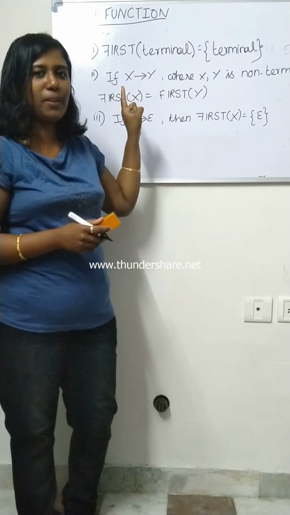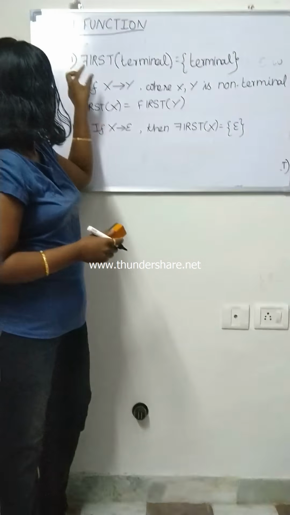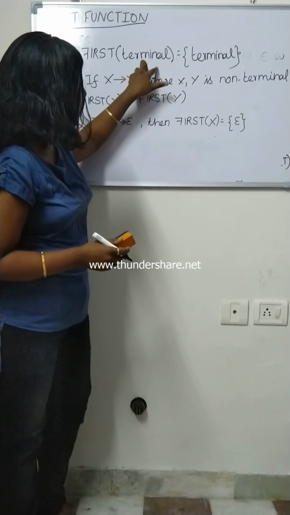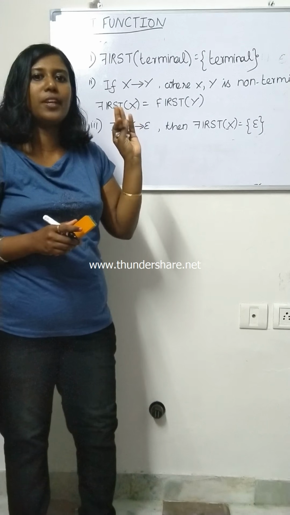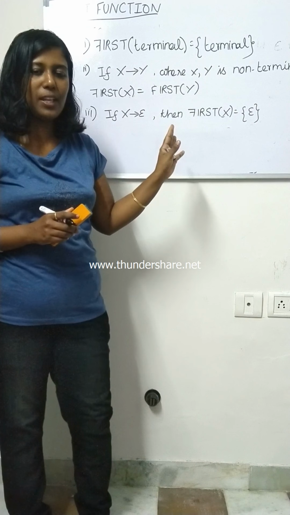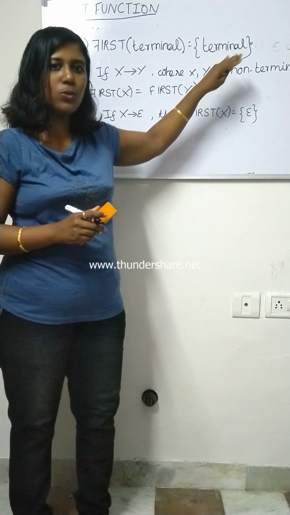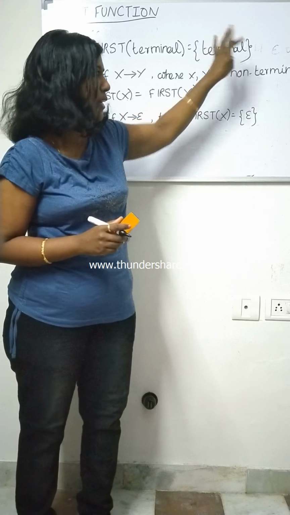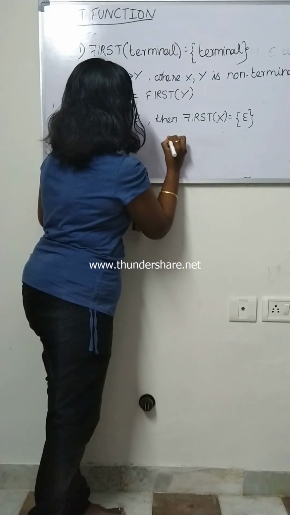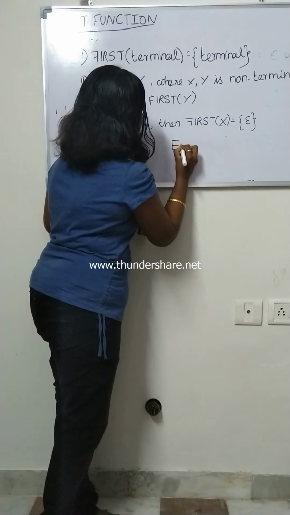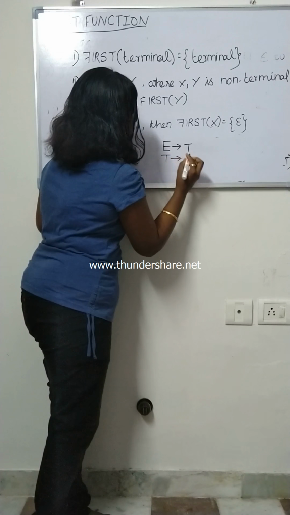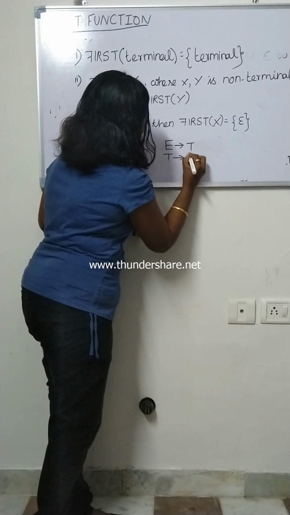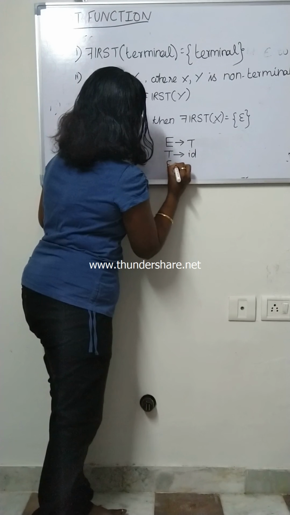Now I am going to explain the first function. First of terminal is equal to terminal. When we are finding first of any small letter, that is a terminal, it is always equal to that small letter. Suppose I am taking one grammar: E derives T, T derives ID, and F derives null value.